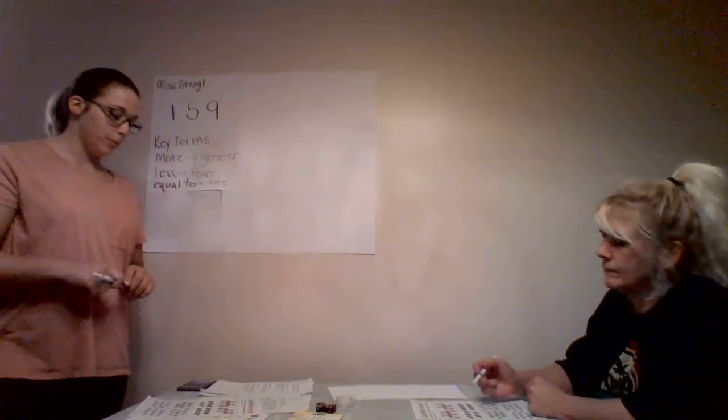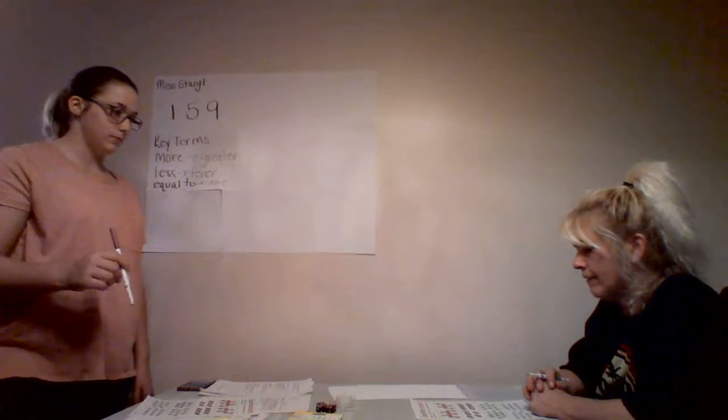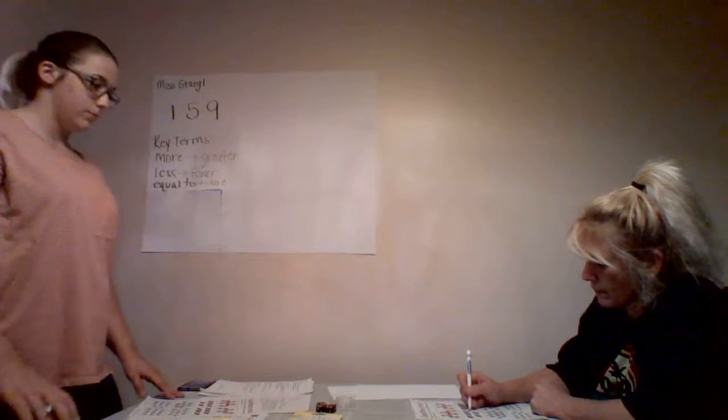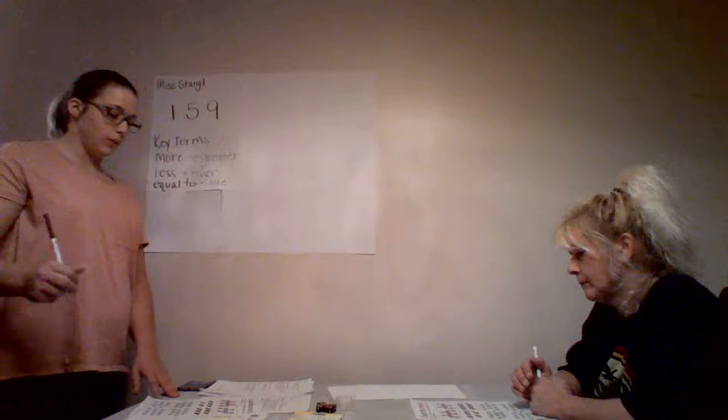Alright, and how many bats are in the first column? 5. And now how many bats are in the second column? 6. Okay. And which number is most? 6. Good job.